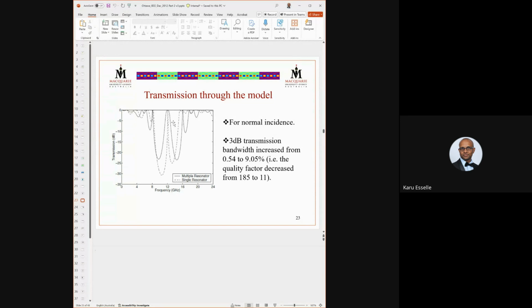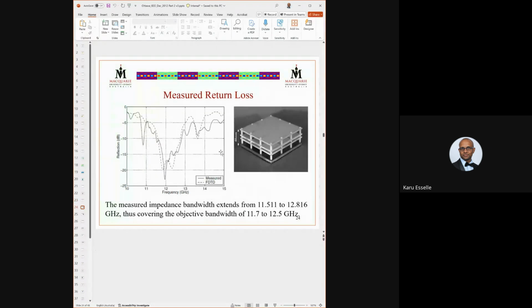So you can see the defect mode bandwidth increased from 0.54% to 9% in this case, due to the optimization of the slabs and slab spacing. So that is this antenna with TMM material, with optimized slab material and gaps.